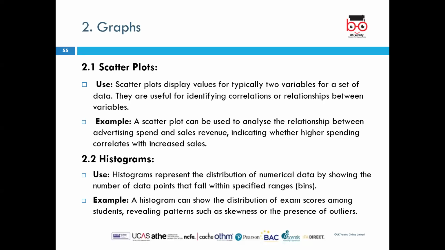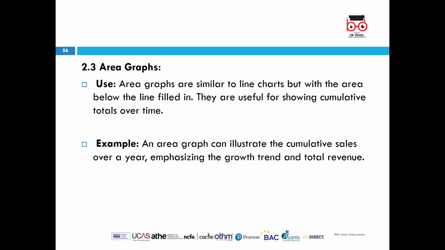Histograms represent the distribution of numerical data by showing the number of data points that fall within a specified range. Area graphs are similar to line charts, but with the area below the line filled in. So they're used for showing cumulative totals over time.